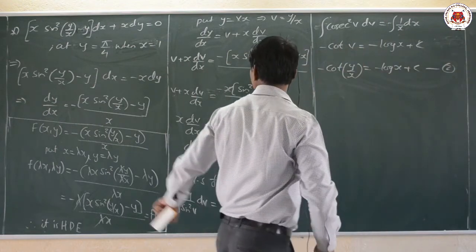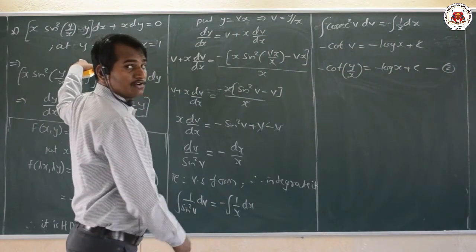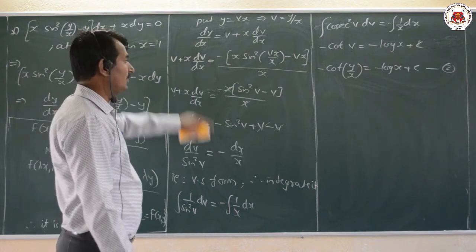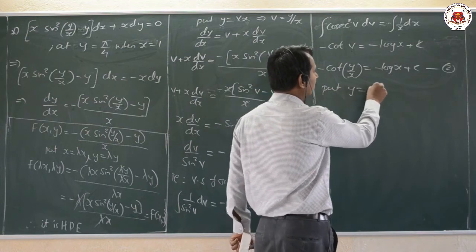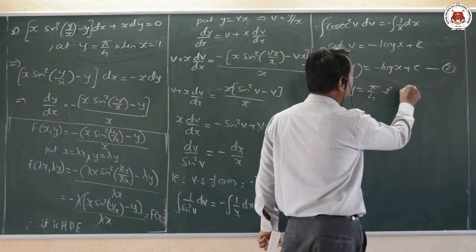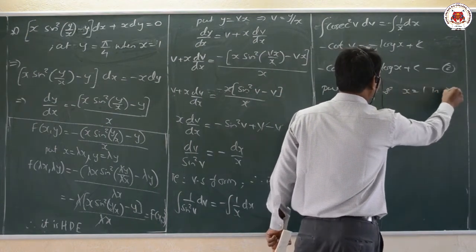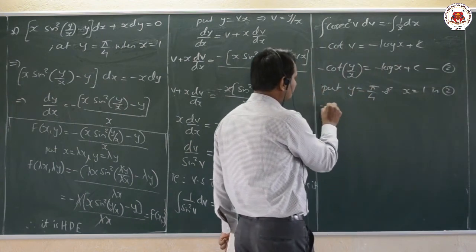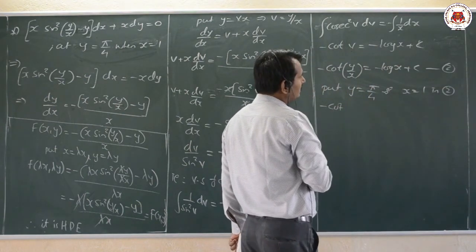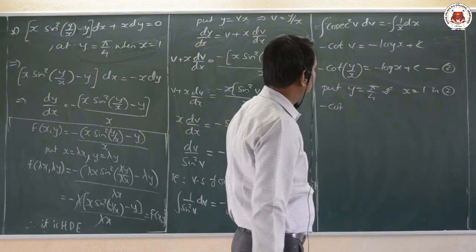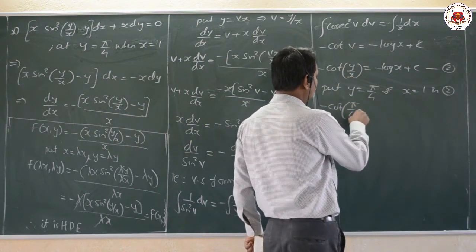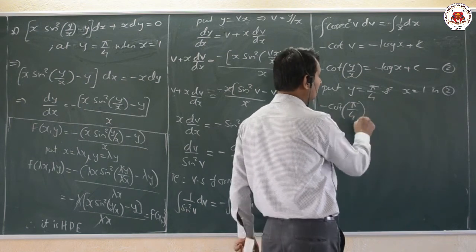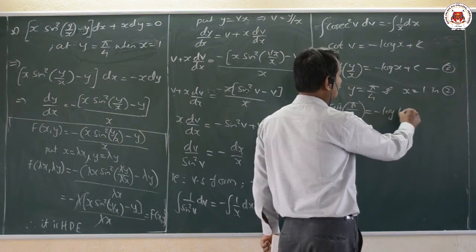The initial condition is y equal to pi by 4 and x equal to 1, so put these in equation 2. We get minus cot of pi by 4 divided by 1, which is nothing but 1, equal to minus log 1 plus c.